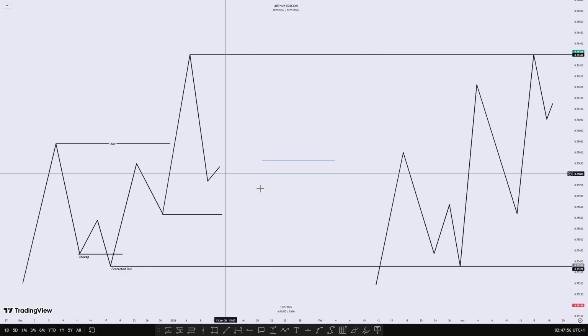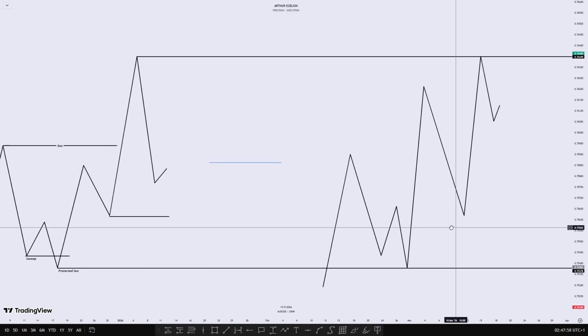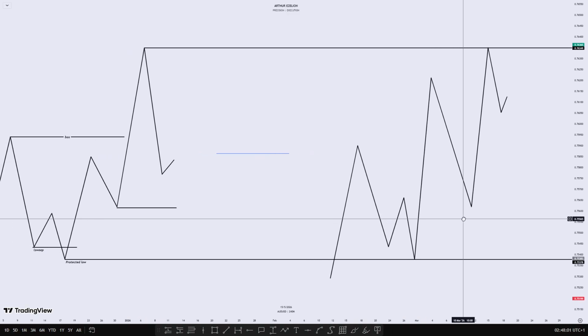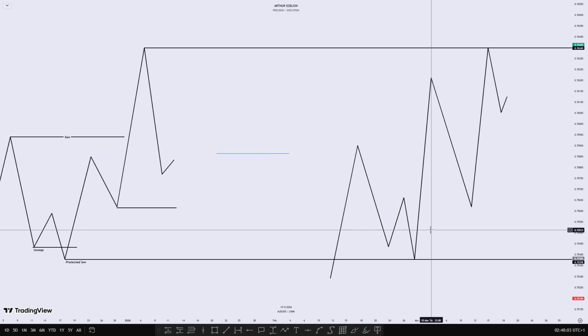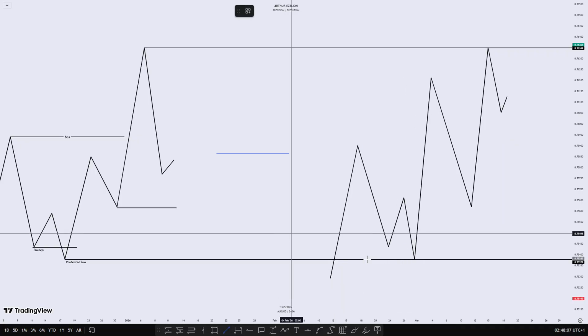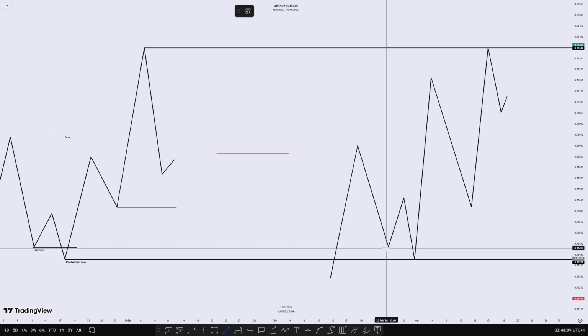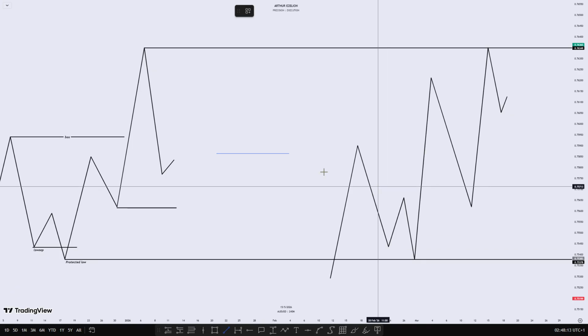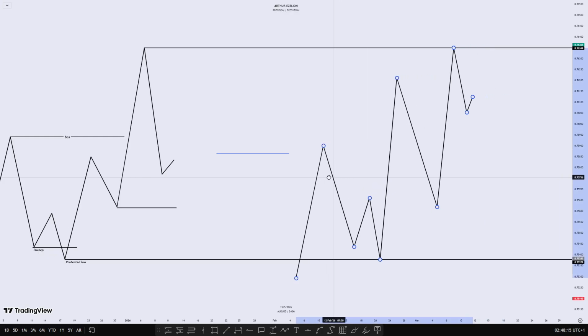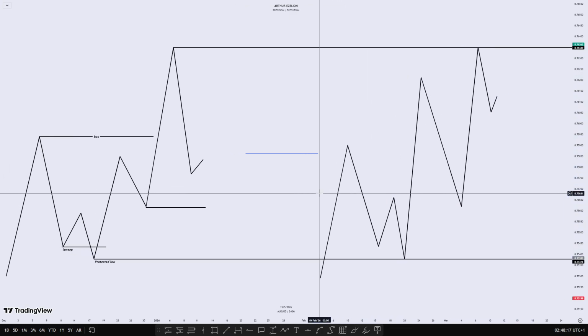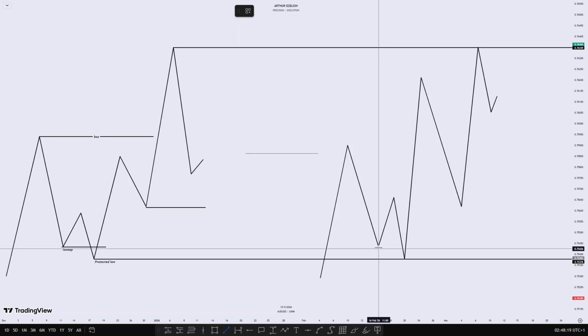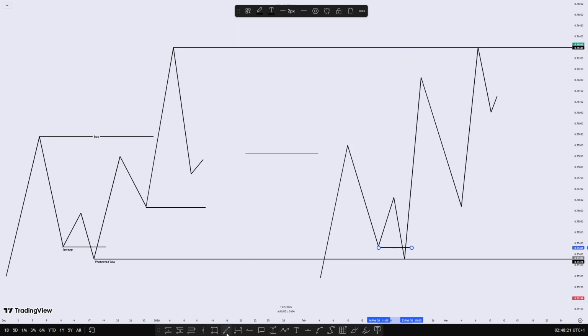And in some cases, this can form differently. Notice we only have a single break of structure, but there are cases where we have multiple breaks of structure that form the range. And when is that the case? Remember, for me to frame my swing structure, I'm looking for a liquidity sweep followed by a break of structure.